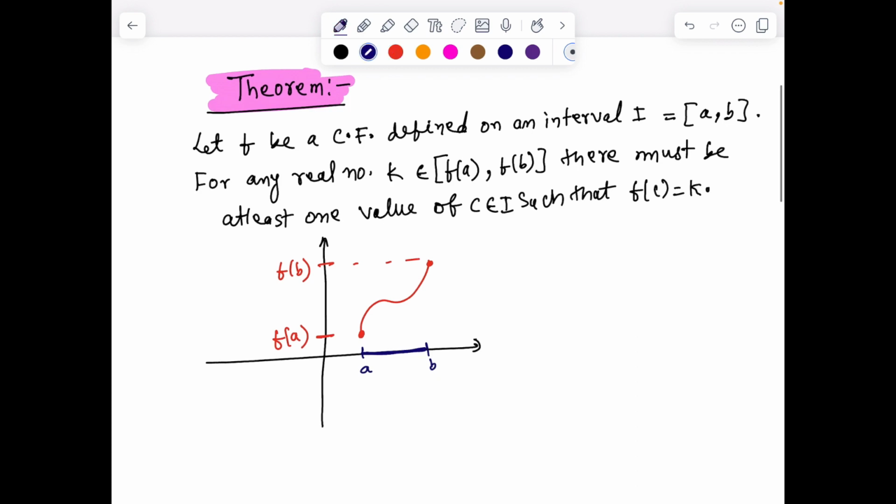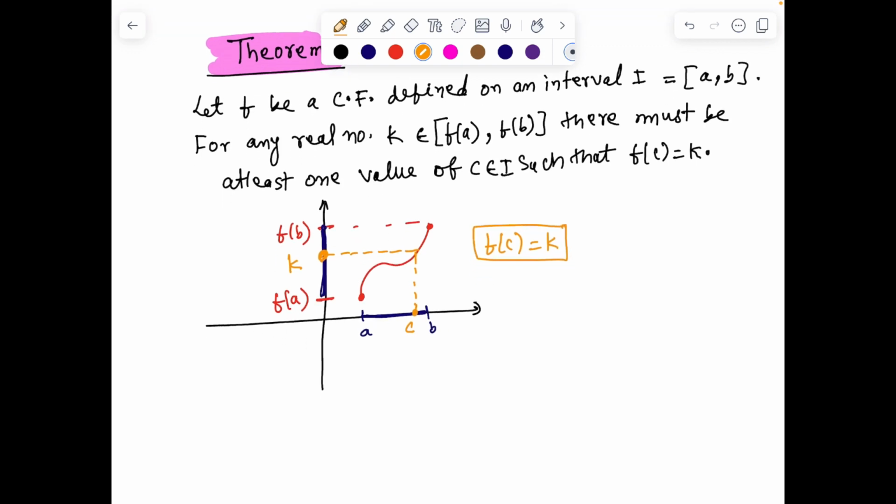So what basically this theorem tells is, for any real number k which lies between these, so let's say if I take some real number k over here, corresponding to this number there will be an input which comes from the window of a and b, right? So there exists some c in this window such that f(c) equals k.